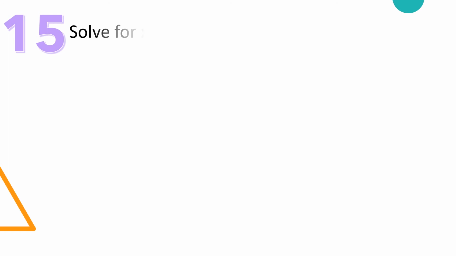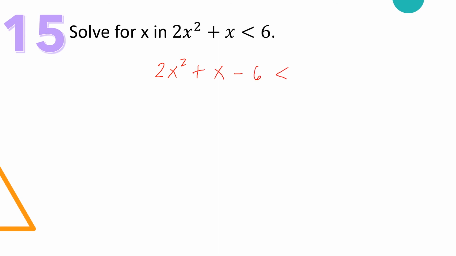Number 15. Solve for x in 2x squared plus x is less than 6. Subtracting 6 from both sides of this inequality, we have 2x squared plus x minus 6 is less than 0. Factoring the quadratic trinomial on the left-hand side of the inequality, we have 2x minus 3 times x plus 2 is less than 0.